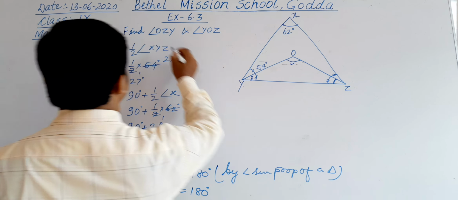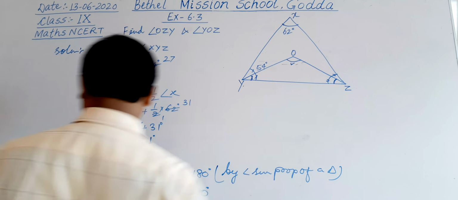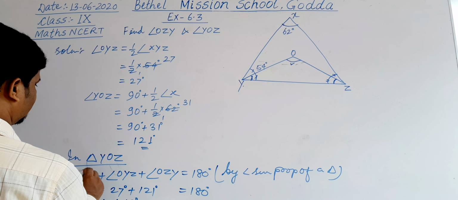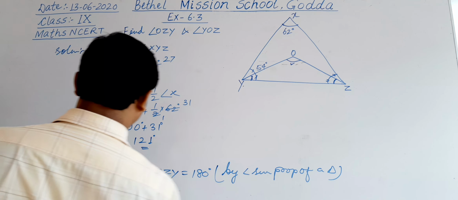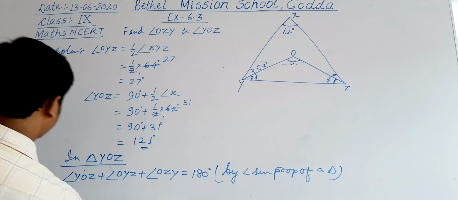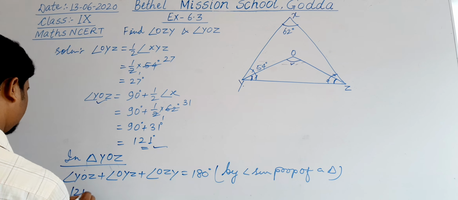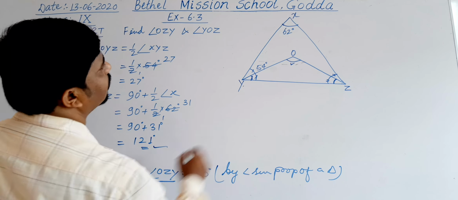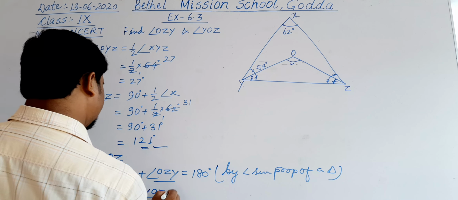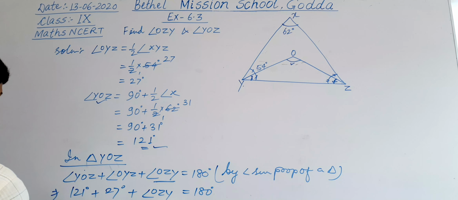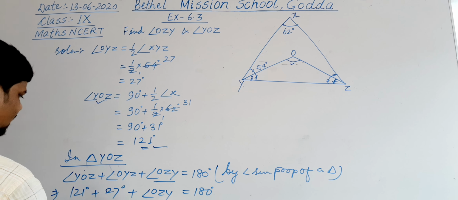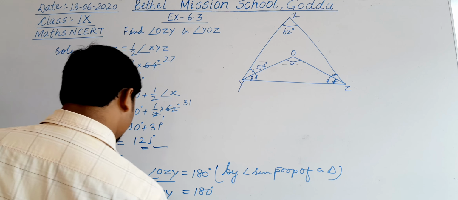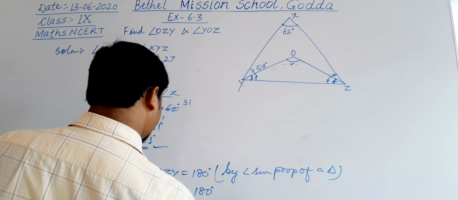YOZ is given, we have to put YOZ here. YOZ we already have: YOZ is 121 degree plus OYZ is 27 degree plus OZY, not given, that we have to find. 148 degree plus angle OZY equal to 180 degree, or angle OZY equal to 180 degree minus 148 degree.